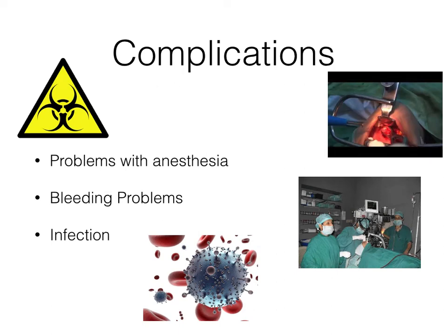So, there are always complications with surgery. During surgery, one can have problems with anesthesia. The minor problems consist of headache, nausea, vomiting, or muscle soreness. However, there can also be some very serious problems with anesthesia that can, although rare, lead to death. So there's also bleeding problems.